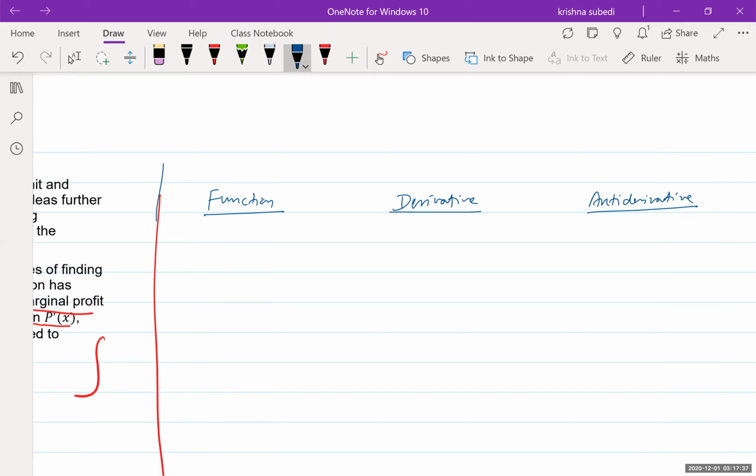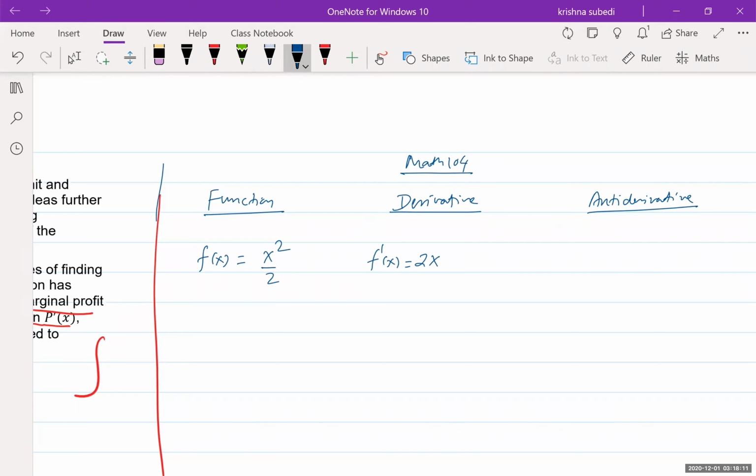Let's say your function is x squared over 2. In Math 104, in this course, what you do is find the derivative. Can you tell me what is the derivative of this? 2x, right? Derivative is 2x.